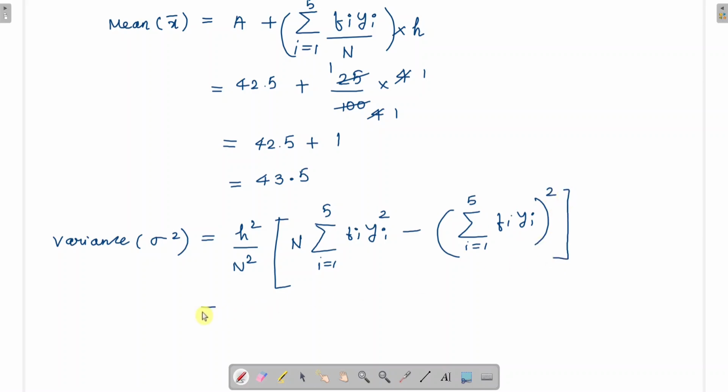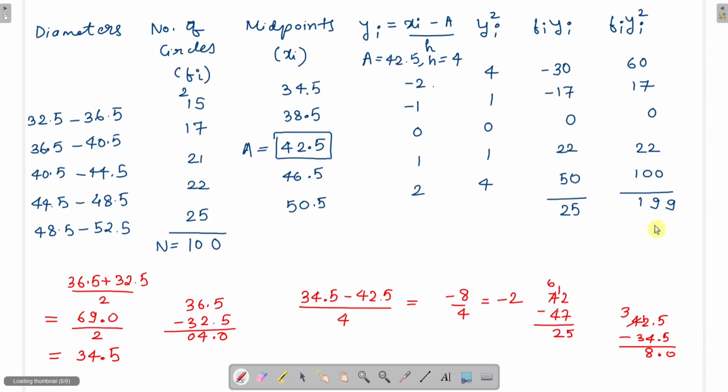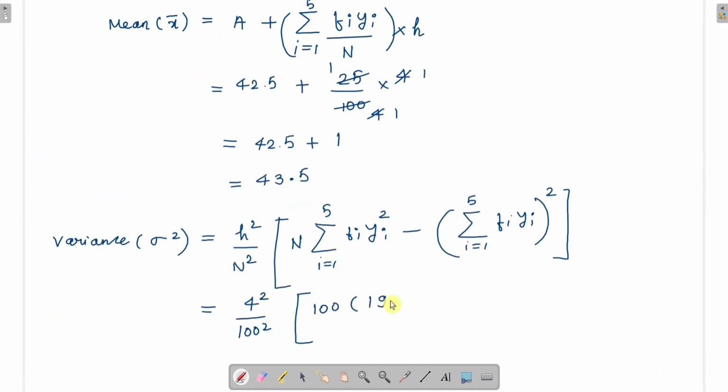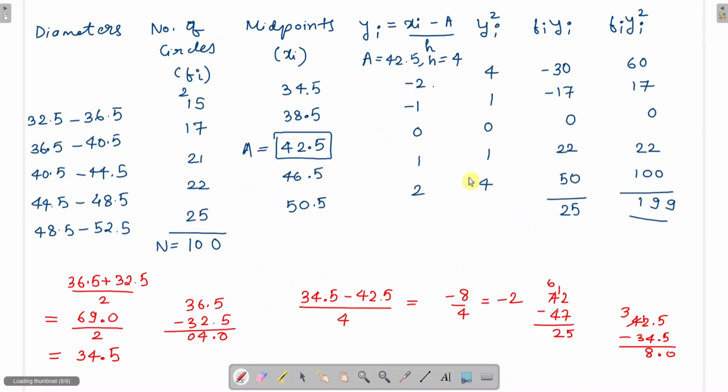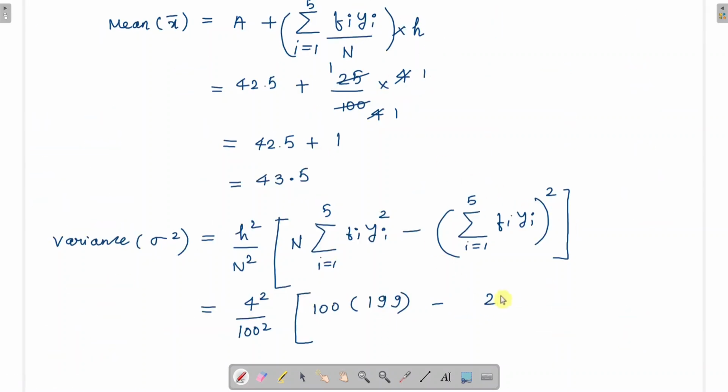Okay, that will be equal to h is 4, so 4 square divided by N is 100, so 100 square into N is 100 times summation fi yi square is 199, right? So 199 minus summation fi yi is 25 square, so 25 square.